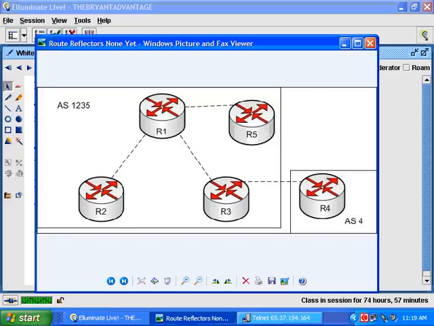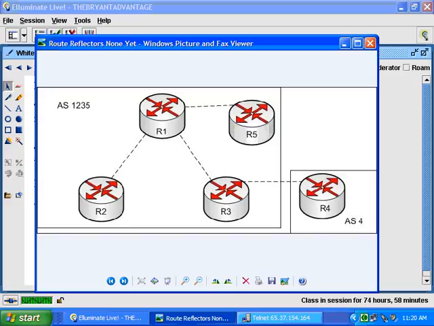But we're going to take care of that by configuring a route reflector, but we do have another option. What's the other option if for some reason we could not make this a route reflector? What could we do in AS 1235 to resolve this issue? We looked at two solutions. We looked at route reflectors and we looked at full meshes. We could create a full mesh in AS 1235.